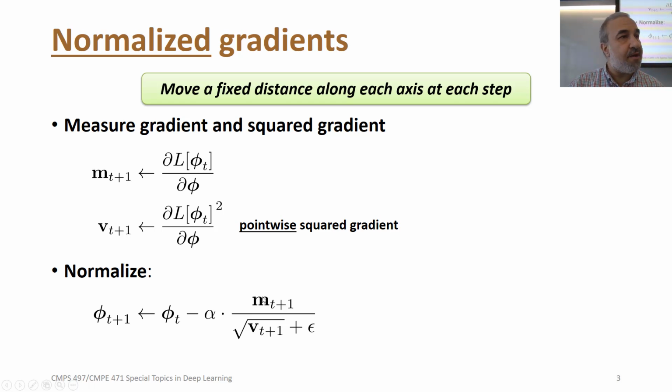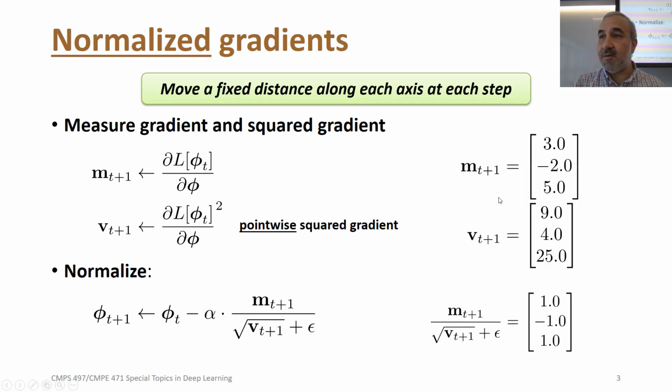For example, if this is the original gradient, 3, minus 2, 5, and this is the square of it, 9, 4, 25, then if we divide the original gradient by the square root of the square, we will get 1, minus 1, 1. This is equivalent to taking the sign. We can just say the sign of the gradient would be 1, and minus 1 if it's originally negative.